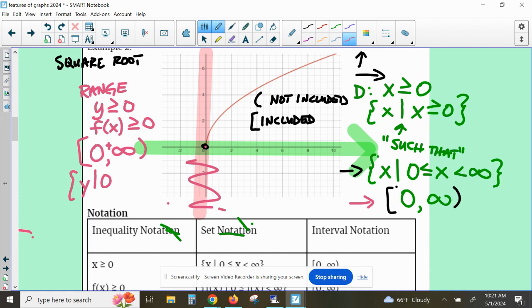It's always going to be less than. They're always going to be pointing this way. Less than or equal to. They look like the L, remember? y less than infinity. Close your little set bracket.